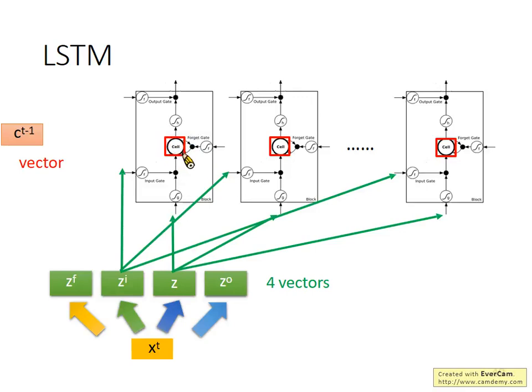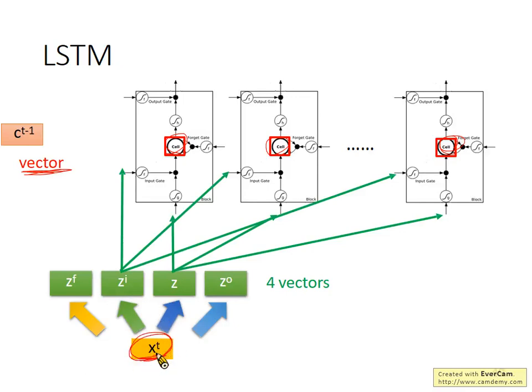Assume that we concatenate all the information of the memory cells and view it as a vector. So C_{t-1} means the memory information from the previous time instance. And right now, at time instance t, we have an input x_t.